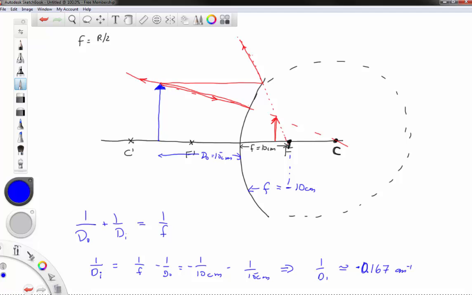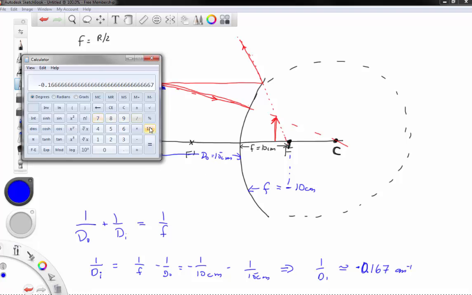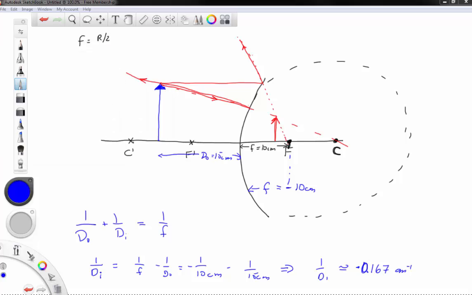The next step is that we take 1 and divide it by that number, and sure enough, it's negative 6. So this basically means that di is negative 6 centimeters. So there we've solved it with math, and we could have also solved it with a drawing if you do this drawing and you do it to scale.